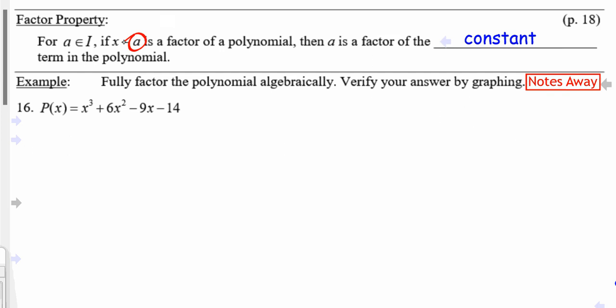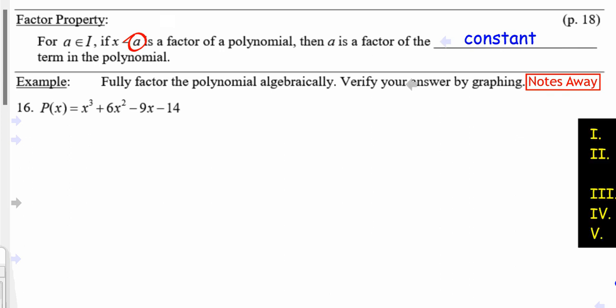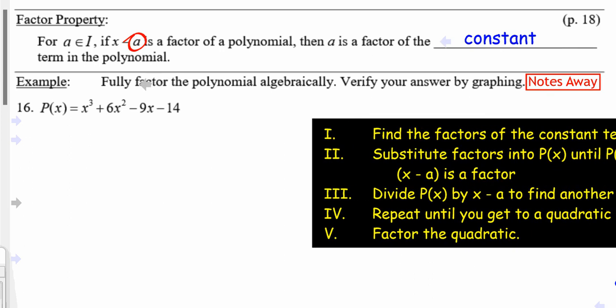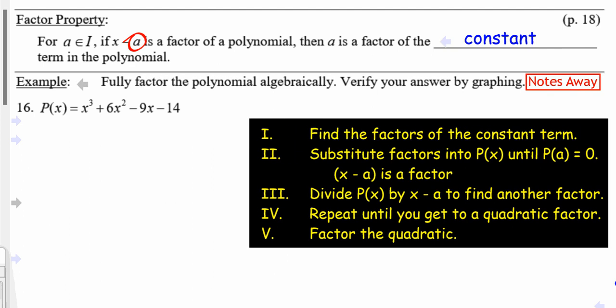All right. So I have some steps in the process. I'll show them again later. So here are the steps I'm going to go through. I'm going to start by finding the factors of this constant term, because that's going to help me decide, well, which binomials do I need to check as possible factors?